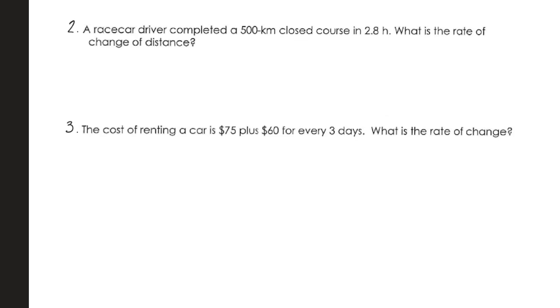Okay, we're back. So when we need to find our rate of change of distance, that's asking us to take our total distance and how long it took to complete that distance. If I calculate 500 divided by 2.8, I do not know that off the top of my head, I'm going to get approximately, and there's my dot above my equal sign, 178.57.